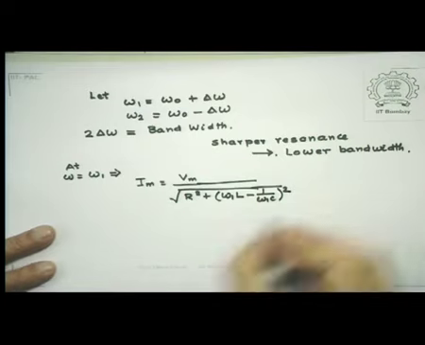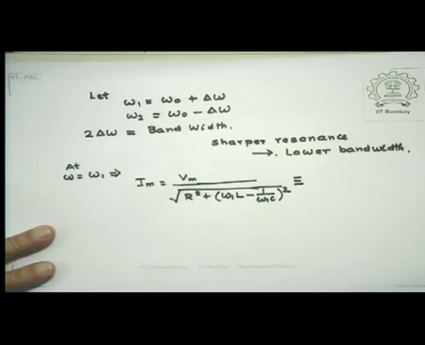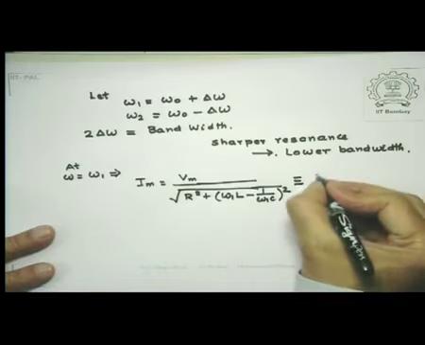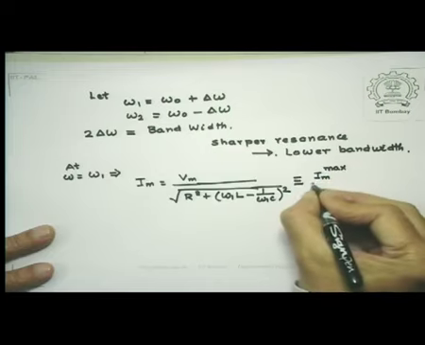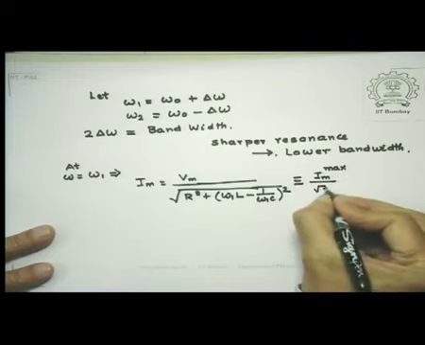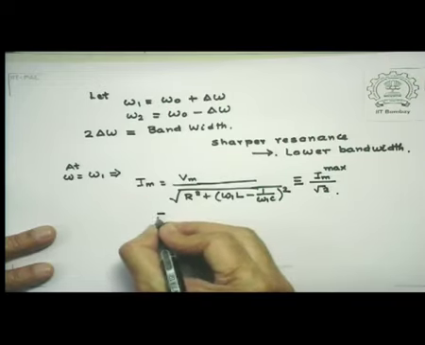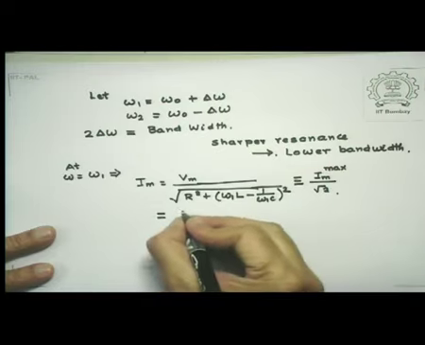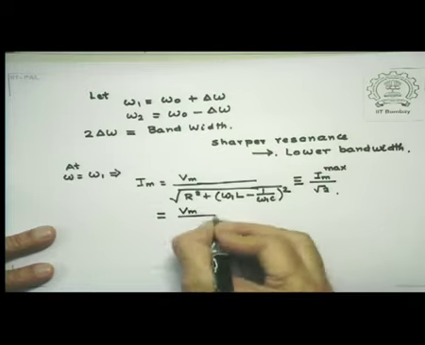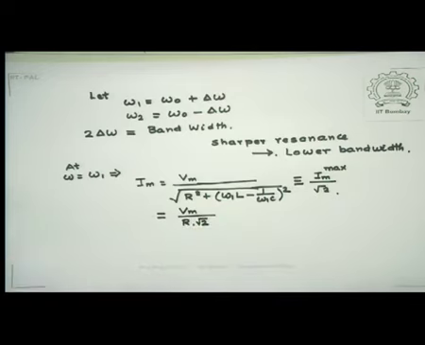And this is, by our definition of the half power point, Im max divided by square root of 2. Since Im max is nothing but Vm by R, it is Vm by R times square root of 2 in the denominator.